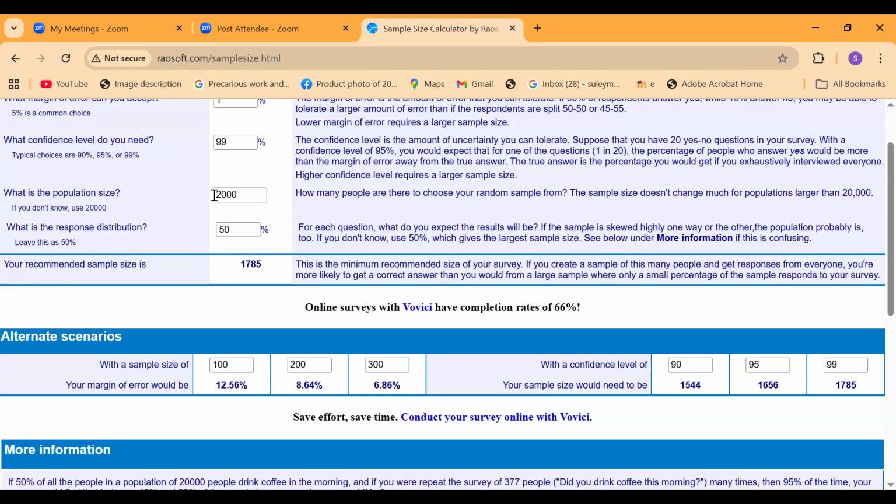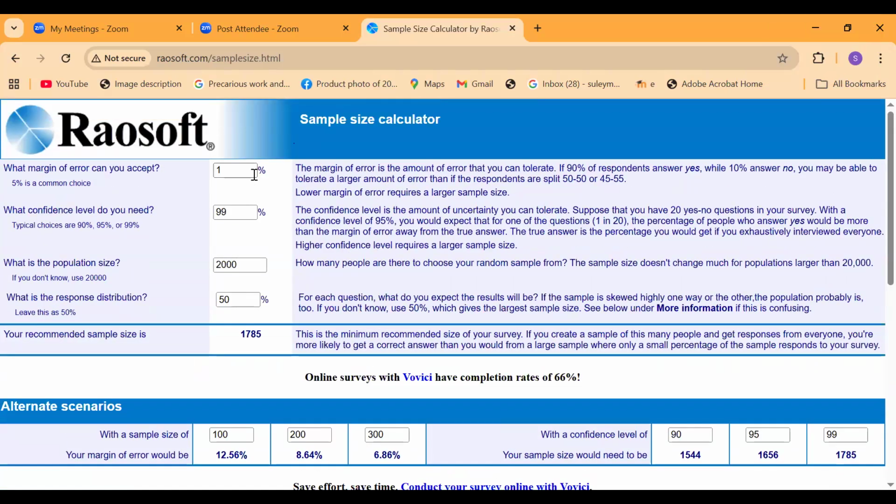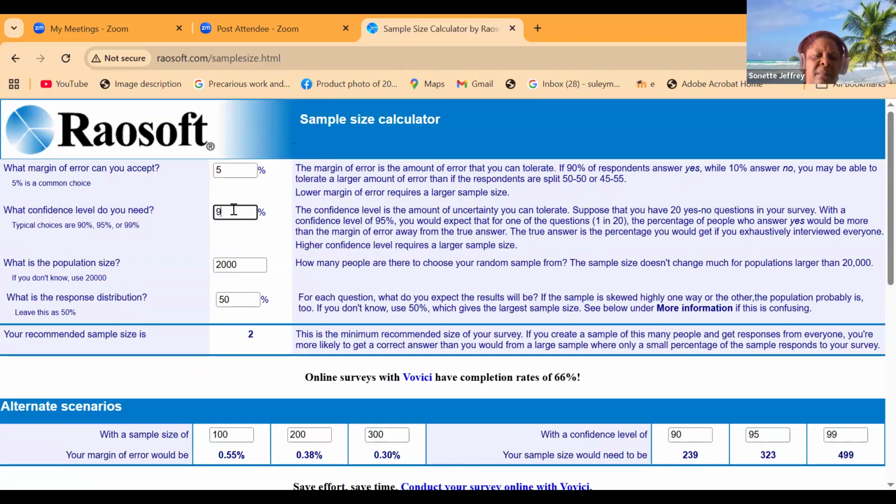Exactly. So assuming that you said, okay, no, 1% is too high. I just want to work with 5%. So 5%, what will be the confidence level? 95. So you see that the sample size will reduce.